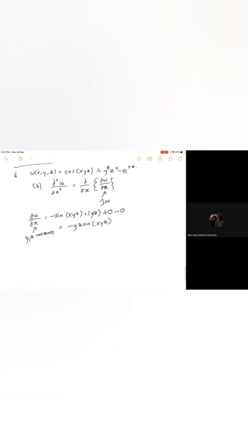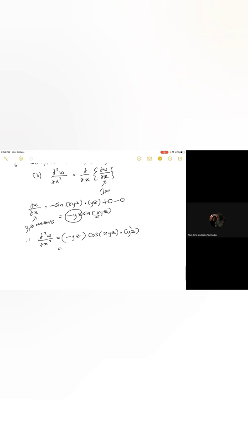Okay, so we want to differentiate this one again with respect to x. So del squared w del x squared will be, okay, the negative yz is constant, so attach it along, write it first. Now the sin, okay, the x is only here. However, before you differentiate the x, there is a sin, so we have to differentiate the sin first. Differentiating sin gives cos.